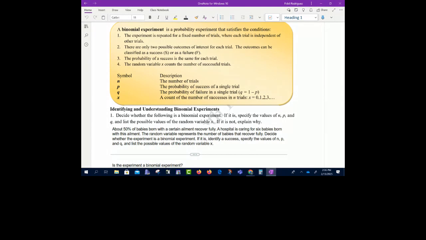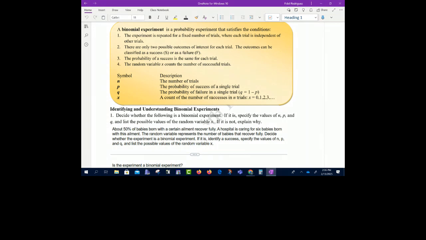A hospital is caring for 6 babies born with this ailment. The random variable x represents the number of babies that fully recover. Decide whether the experiment is a binomial experiment, and if it is, identify a success, specify the values of n, p, and q, and list the possible values for the random variable x.